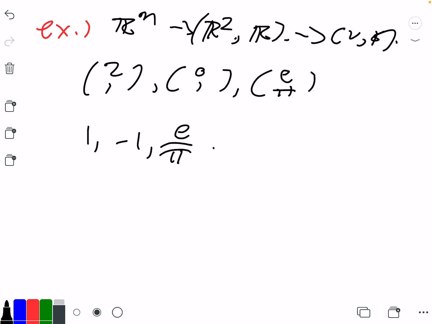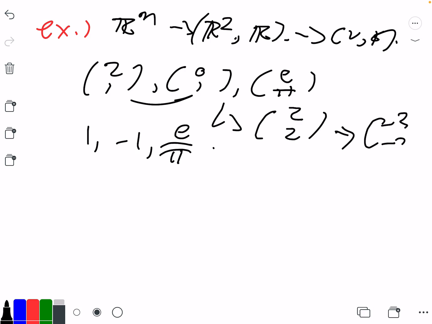And obviously we have vector addition, like if we sum these first two, we get (2, 2). And obviously you have scalar multiplication, we can multiply this vector by the scalar -1, and we can get (-2, -2). Okay? And obviously the additive inverse is just the vector multiplied by the scalar -1.